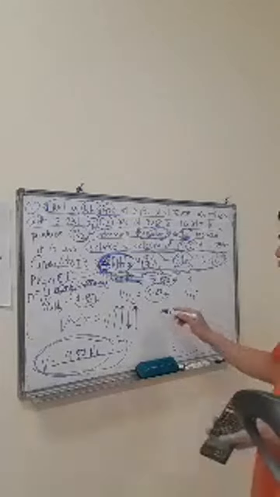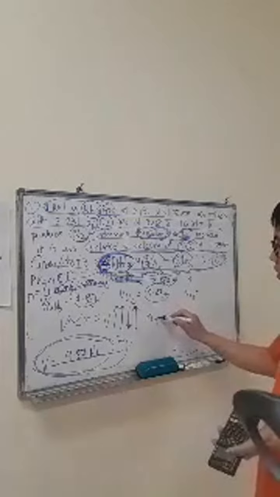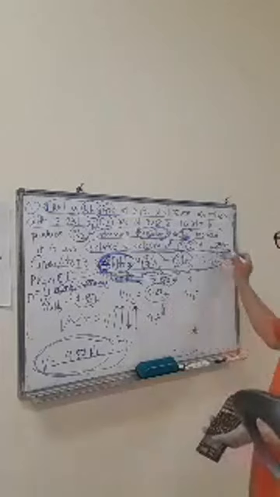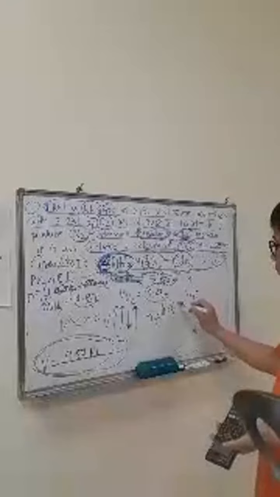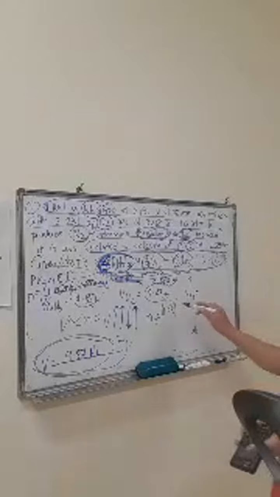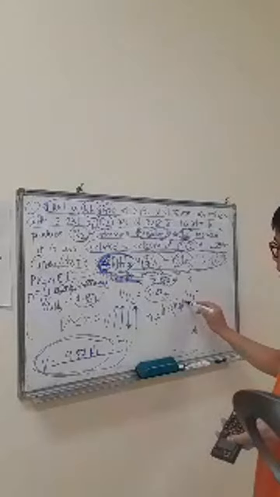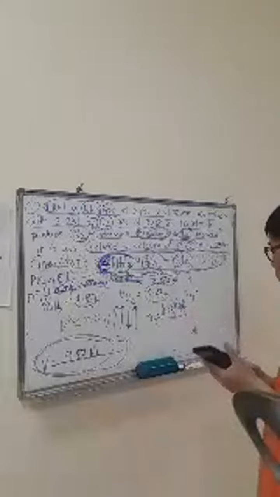We can already get the volume. n of N2 is equal to the pressure 1.52 times the volume that we got, divided by R and T, and you get the number of moles. How many moles is it, guys? Okay?